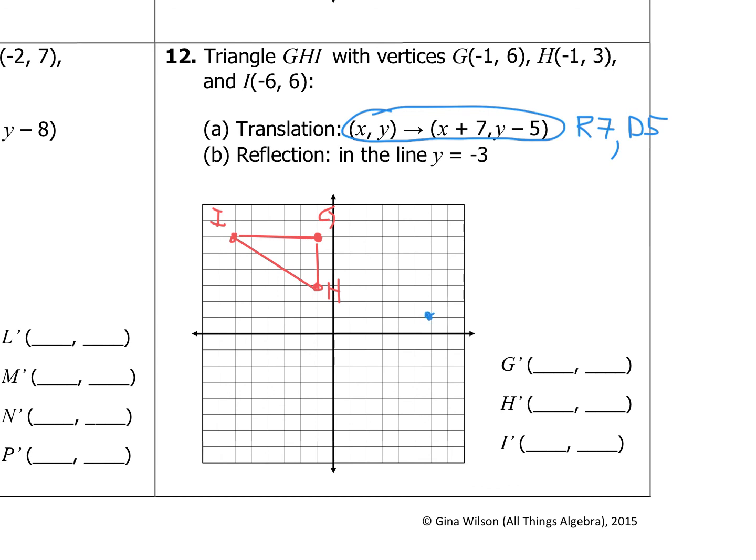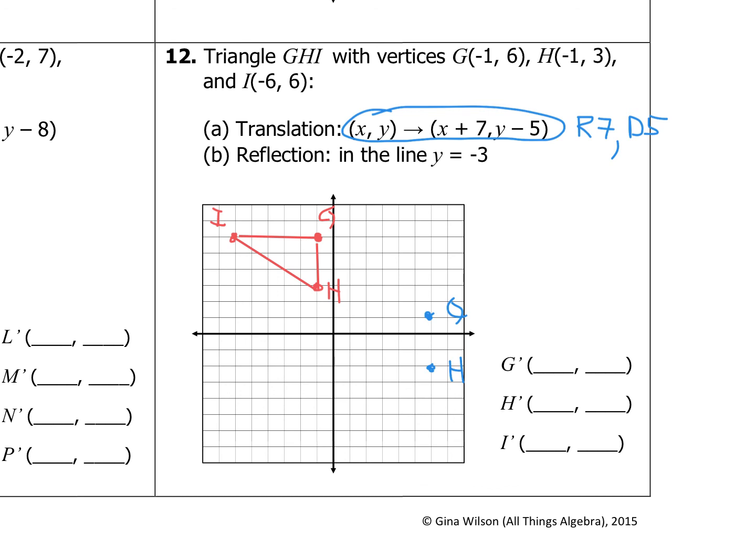So that's going to be my G. Then I'm going to move my H right 7. 1, 2, 3, 4, 5, 6, 7, and then down 5. 1, 2, 3, 4, 5. So that puts me at +6, -2. So there's my H.